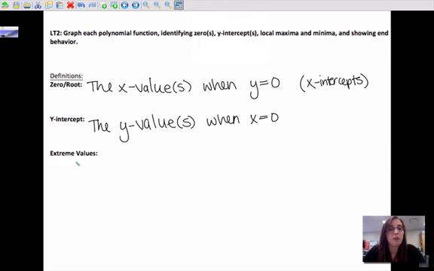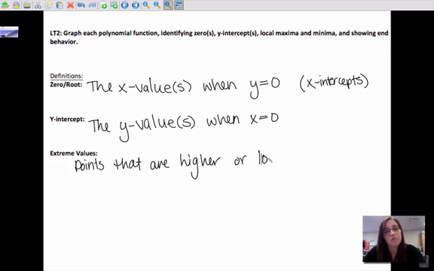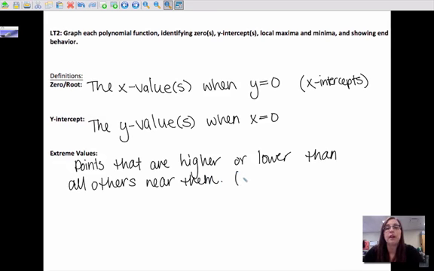Extreme values are points that are higher or lower than all others near them. So it's usually a place where the graph changes directions.